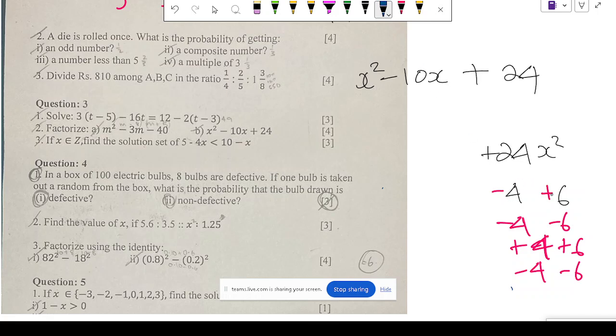We'll check with 4 and 6 as you did. What about the first one? Are we getting minus 10? Yes. No, check properly, sir. Okay, second one, minus 4, minus 6. Yes, sir. But we are getting minus 24 when we multiply. What is minus into minus?